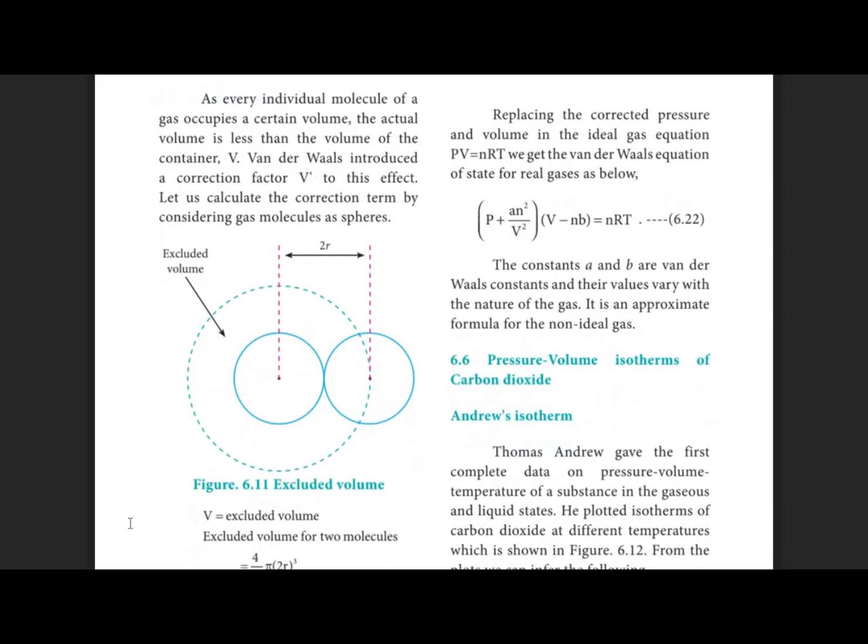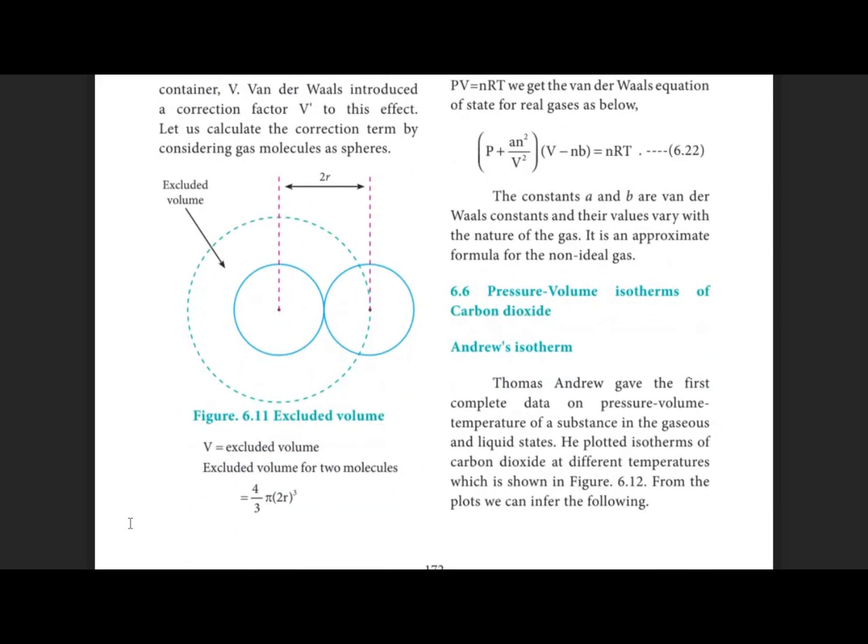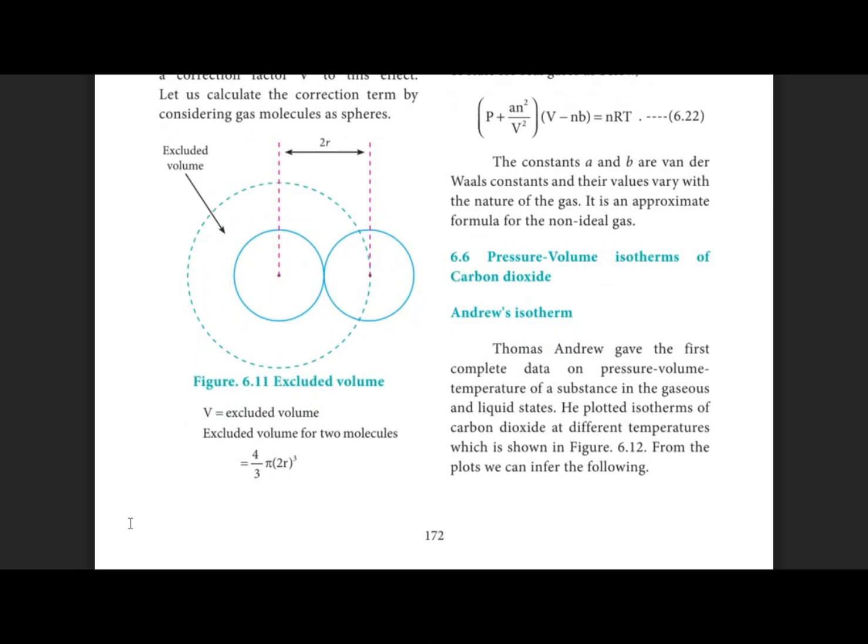Now, the pressure-volume isotherm of carbon dioxide, Andrew's isotherm. Thomas Andrews gave the first complete data on the pressure, volume and temperature of a substance in the gaseous and the liquid state. He plotted isotherms of carbon dioxide at different temperatures, which is given in the picture.